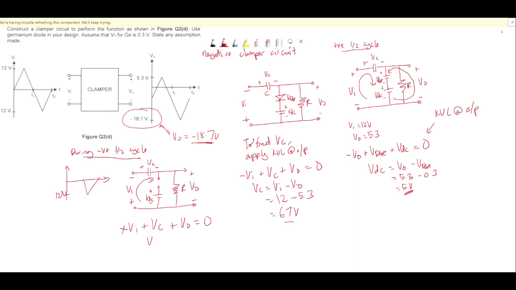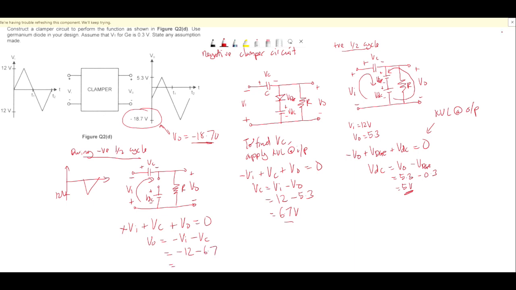Since I want to find the value for Vout, Vout is equal to negative VI minus VC. VI is 12 volt minus VC is 6.7 volt.